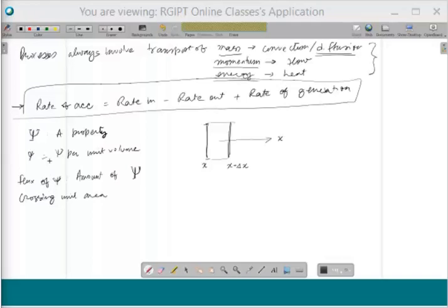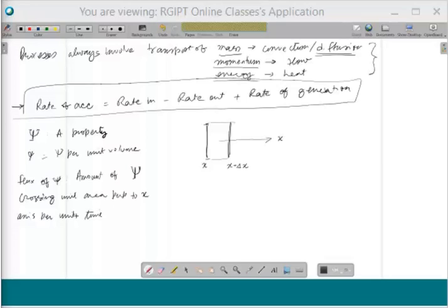So in general, for any property psi, we can define a flux, which is the amount of psi crossing unit area perpendicular to the x-axis or flow direction, per unit time.